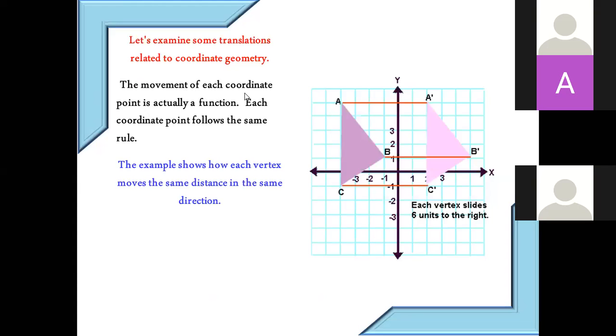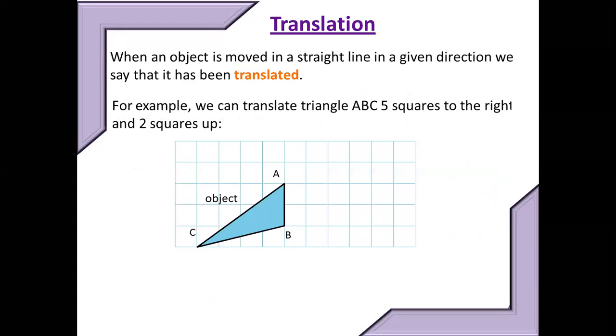To move each coordinate, okay, wait, let's take an example. Look at this. Now, we can translate triangle ABC 5 squares to the right and 2 squares up. Guys, in transformations we were counting the distance between the point and the mirror line.